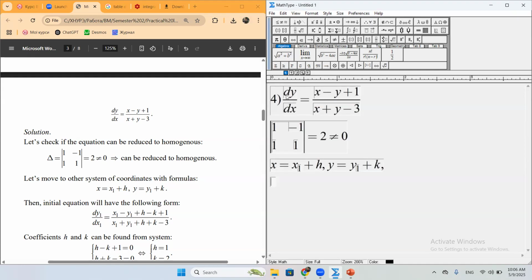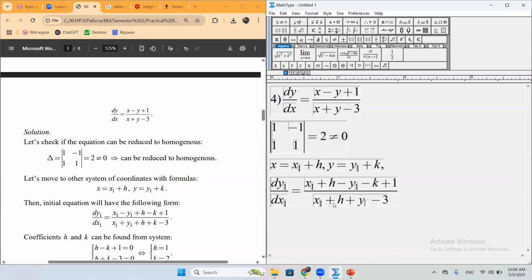And now let's rewrite our equation. So what will we receive? So dy1 over dx1 will be equal to x1 plus h minus y1 minus k, over x1 plus h plus y1 plus k minus 3.